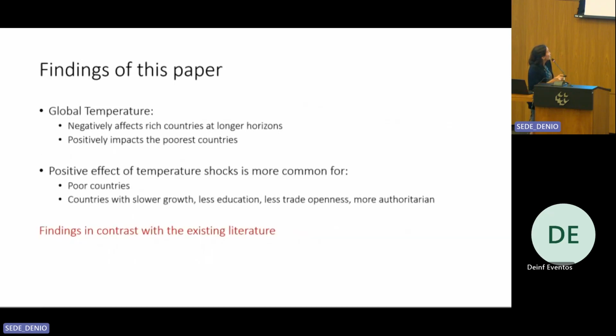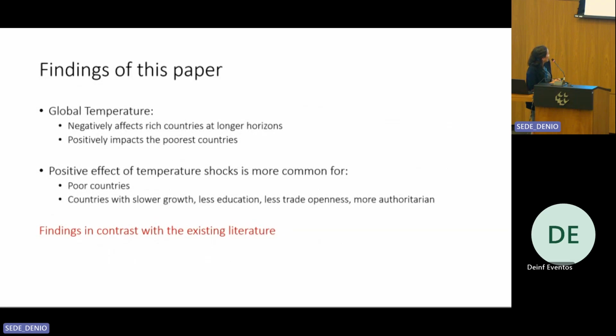So, findings of this paper. This paper finds that global temperature negatively affects rich countries at longer horizons, right? The effect is larger for richer countries, which is a bit in contrast with what other studies have been finding. And in contrast, some of the findings suggest that poor countries might be positively impacted by rising temperatures.